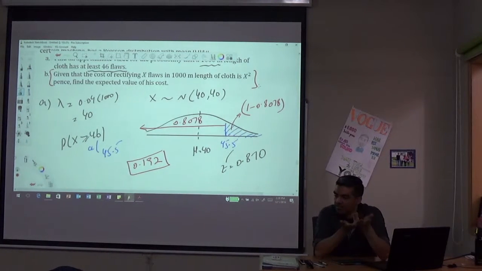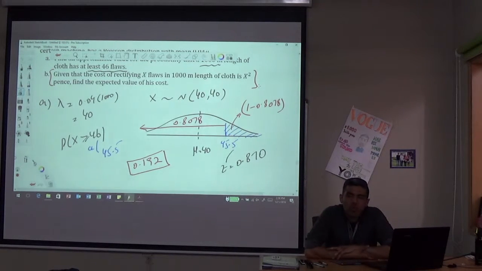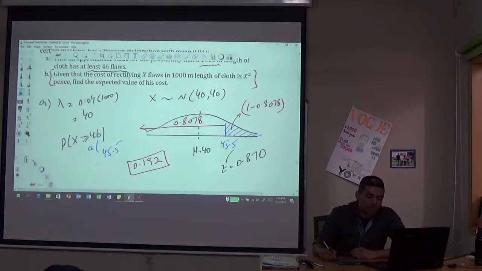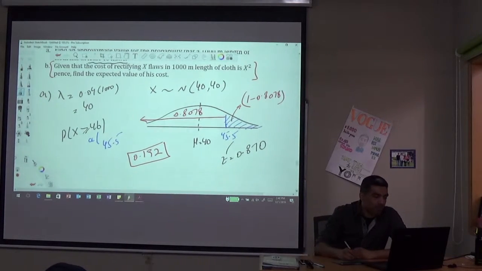The number of flaws is x, the cost is x squared. How do you get the expected value of x squared? Do you know of any formula relating expected value and x squared? Yes, the variance formula. Doesn't the variance formula have the expected value of x squared in it?